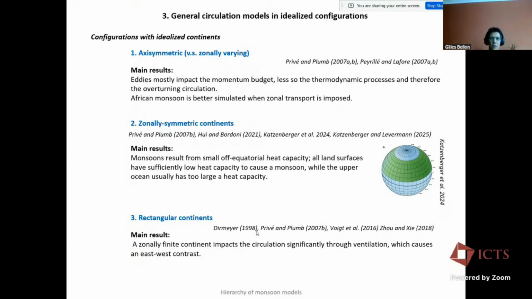And you've got some work by Privé and Plumb, and then some work by Perry and Lafore, but very focused on the African monsoon, that show how the eddies do impact these circulations, but then the existence of a continent does influence that, and we have also the problem of ventilation that's much stronger, and essentially all zonal transport become important. That's what Perry and Lafore found in the case of the African monsoon.